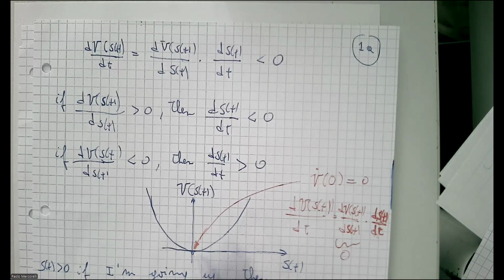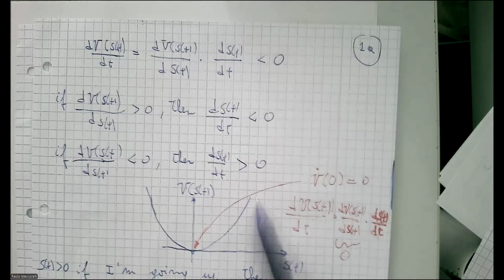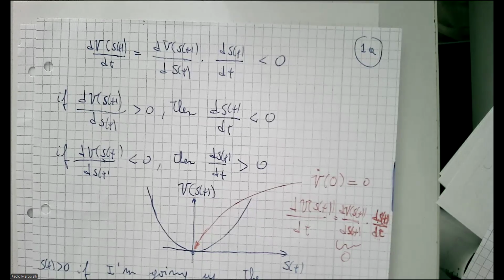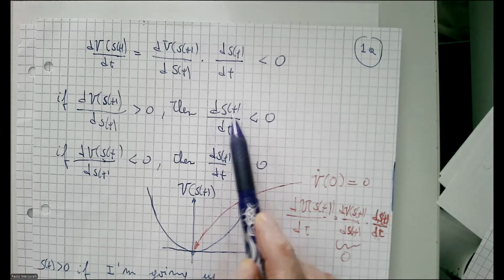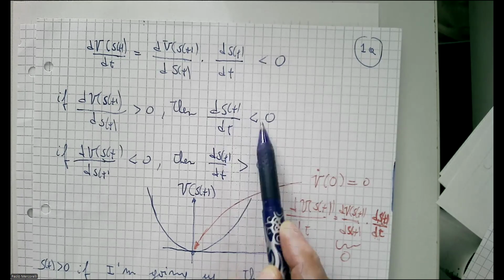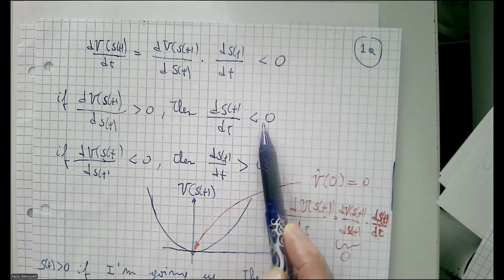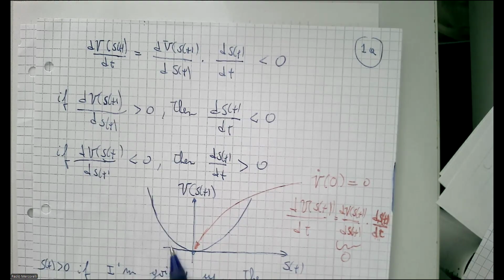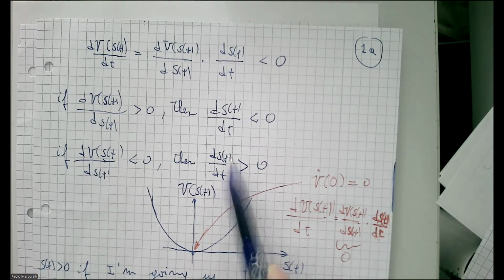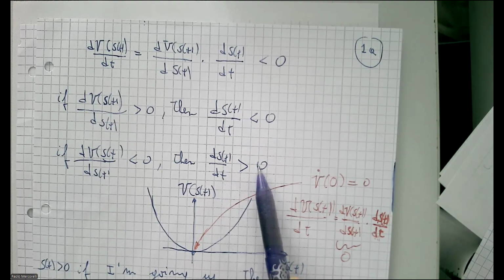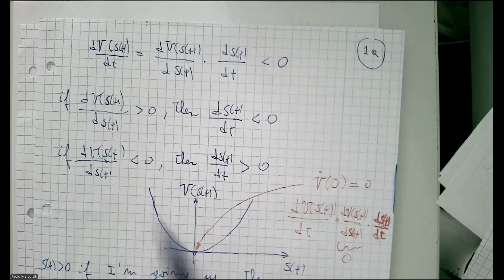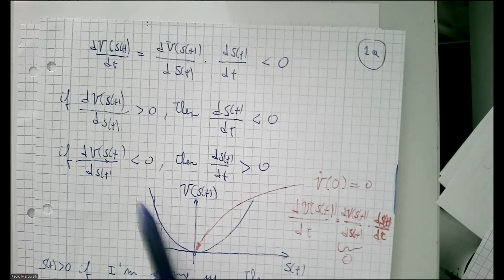You are better than me in math, no? If this is positive, we are in this part. Then this means that the derivative of s with respect to the time is negative. If we are in this part here, then the derivative of s of t is larger than 0, such that we have always a convergence.